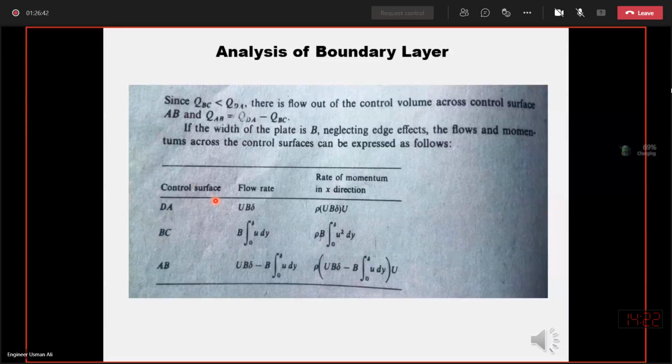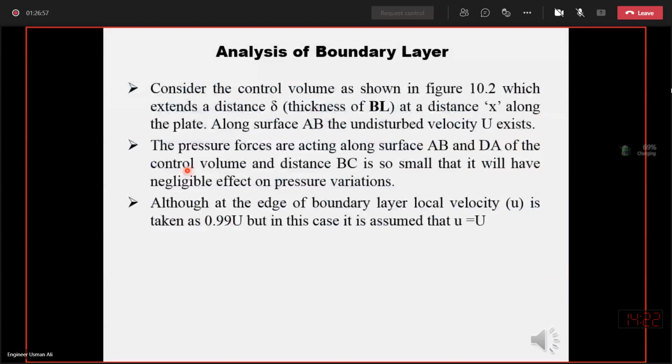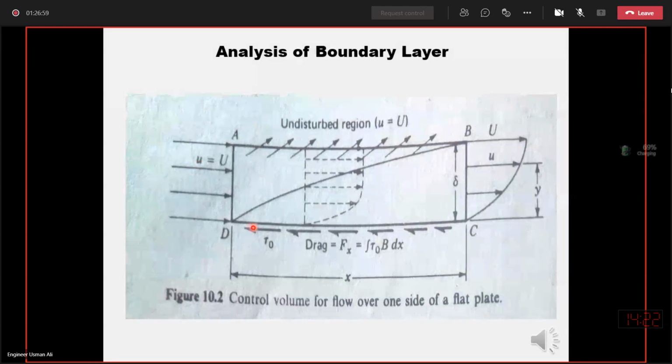Let us find the flow rate and the momentum across the control surfaces of the control volume. The control surfaces are DA, BC and AB. First, if you look at the control surface DA, what is the flow rate there? Flow rate is area into velocity. The velocity of the fluid at this control surface dA is capital U. The area of flow is this vertical dimension del multiplied by the width, so this is the area normal to the flow.